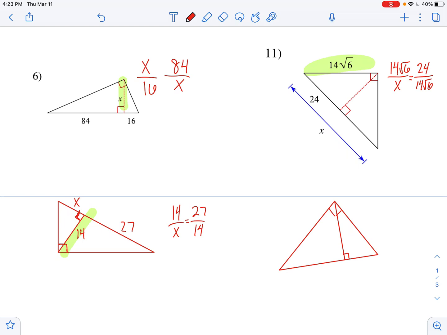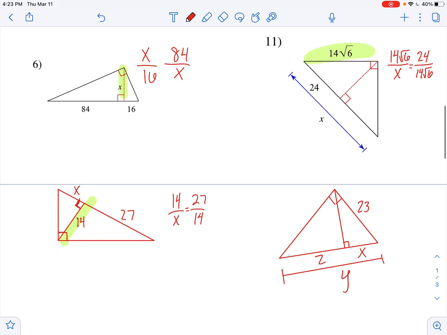Let's go with 23, x, 42, and I probably shouldn't put 17 there. Or you know what? No, I'm going to change it. Y, Z. Why not? It doesn't matter. Same procedure. So pause the video, write your proportion, unpause and check your work.